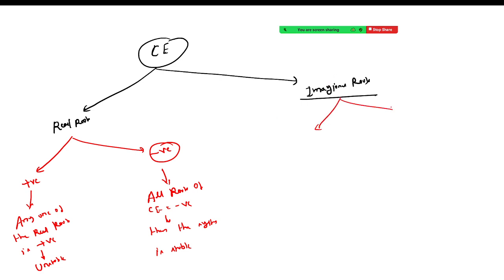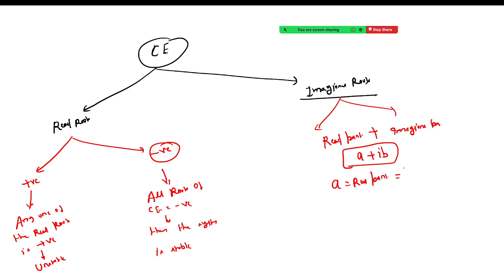Now imaginary root. An imaginary root is equal to real part plus imaginary part. Let's say a plus ib. So a is your real part, right? The thing is that first you have to check the real part a, and the same things you have to apply: in the real part, if it is positive and if it is negative.